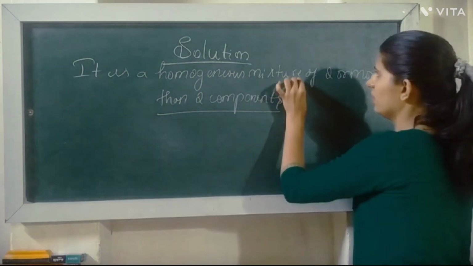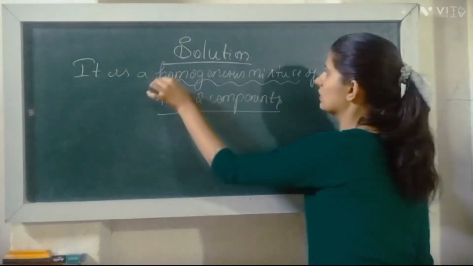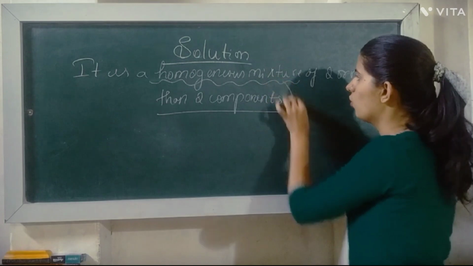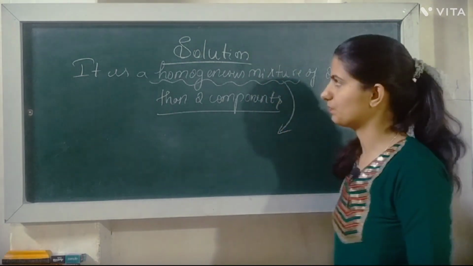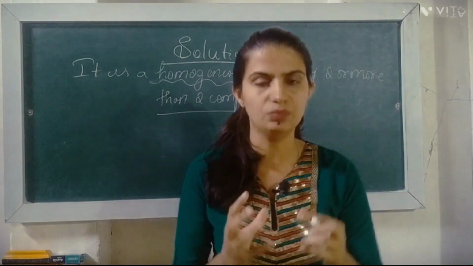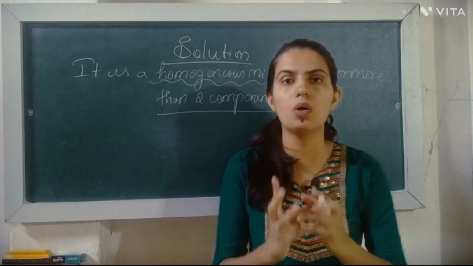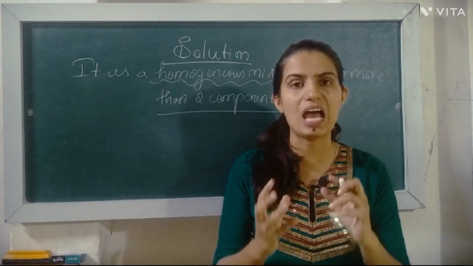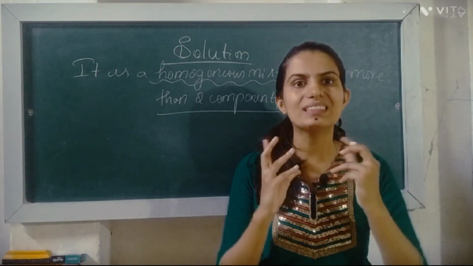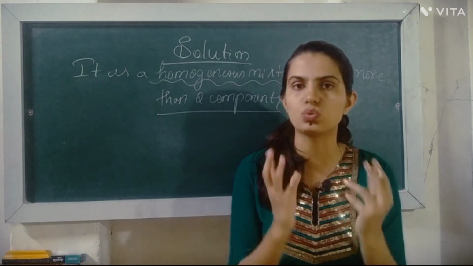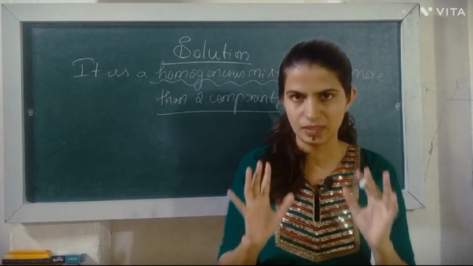What does this homogeneous mean, you may ask. Homogeneous means a mixture which is having a uniform composition, which is having completely the same physical property throughout that mixture. I'll take an example.